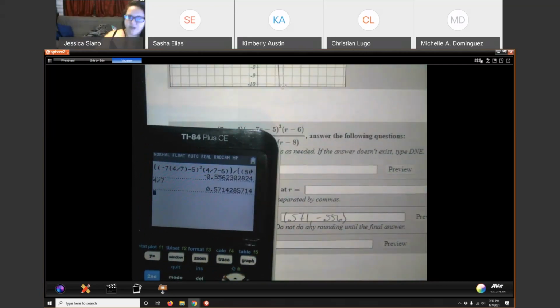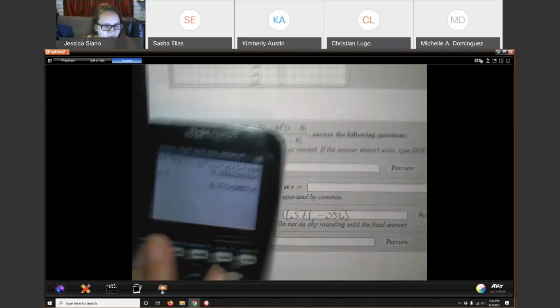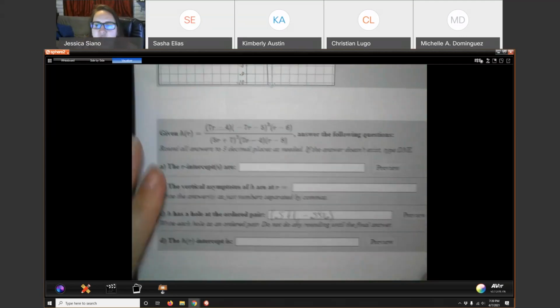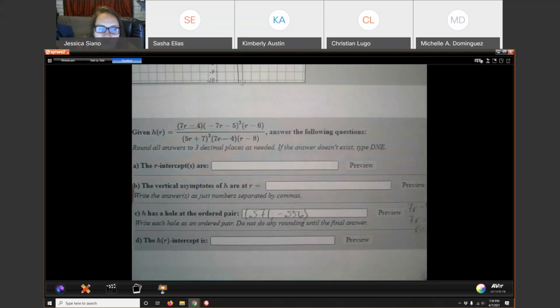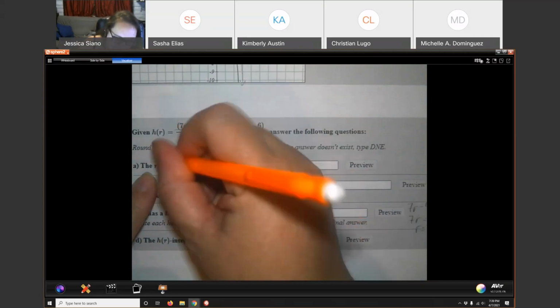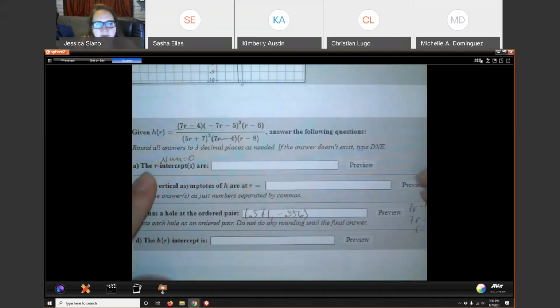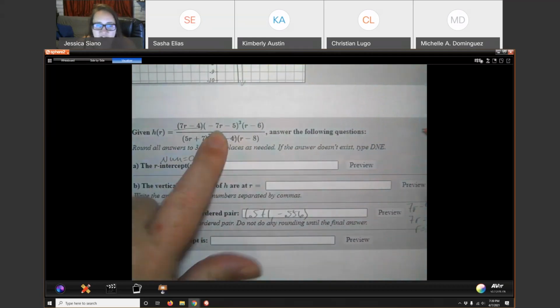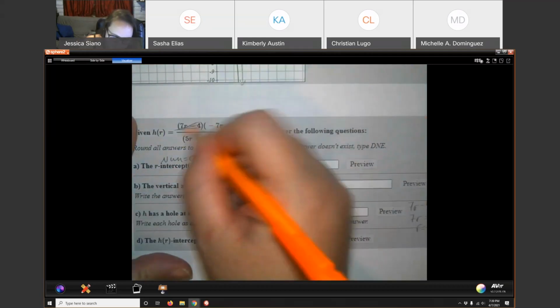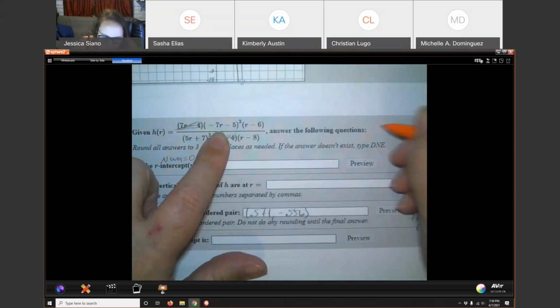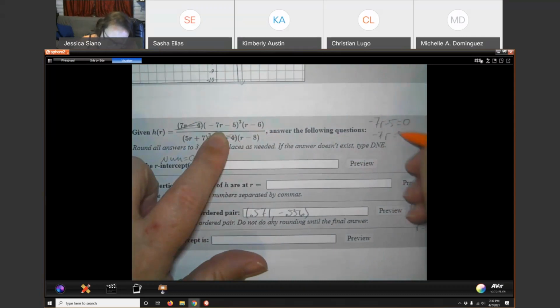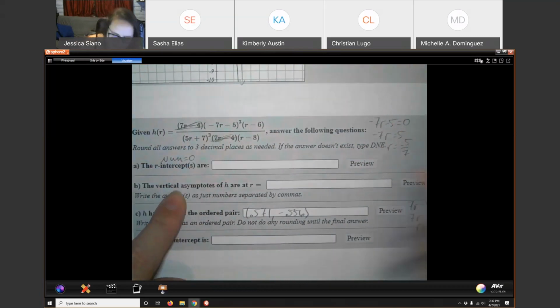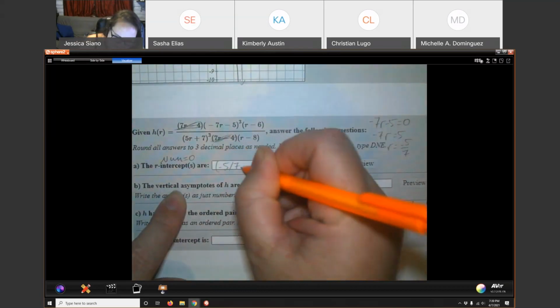Okay, so once you have your hole figured out, everything else that you do is to the reduced rational. So my r-intercepts are the places where my numerator equals 0. So I take my factors left over after I reduce, and I set them equal to 0 and solve. So my first r-intercept is -5/7.